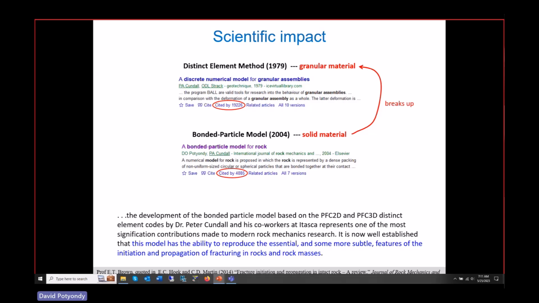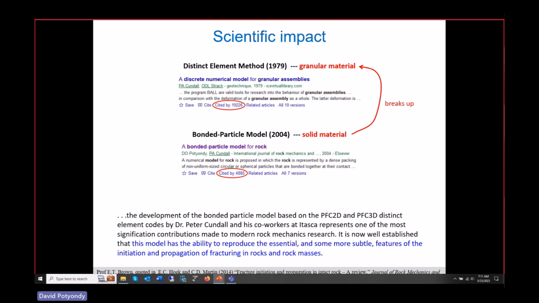And this last sentence, I think, sums it all up really well. It is now well established that this model has the ability to reproduce the essential and some more subtle features of the initiation and propagation of fracturing in both rocks and rock masses. That was written by Evert Hoek and Derek Martin back in 2014.